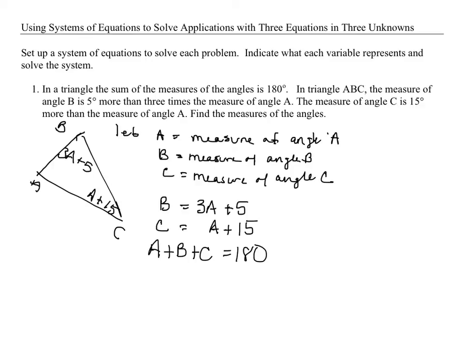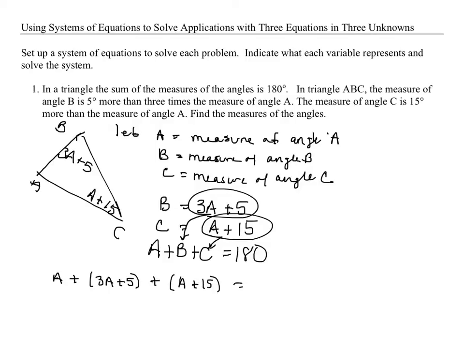And this is awesome because I can just substitute in. So it's A plus B, which is 3A plus 5, plus C, which is A plus 15, is equal to 180. Combine like terms, 5A plus 20 equals 180.